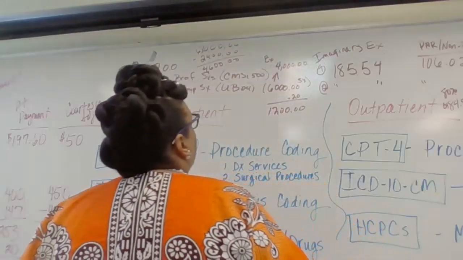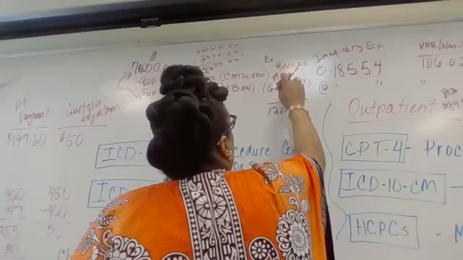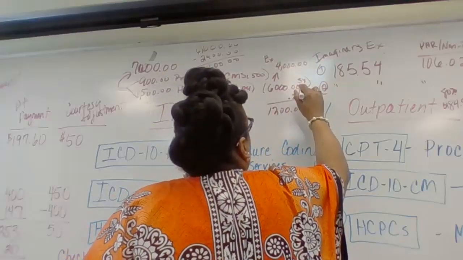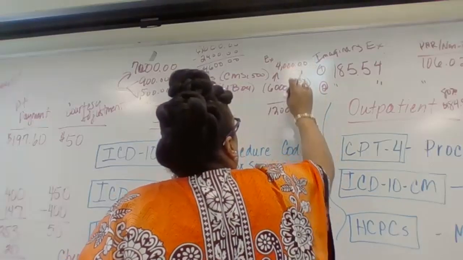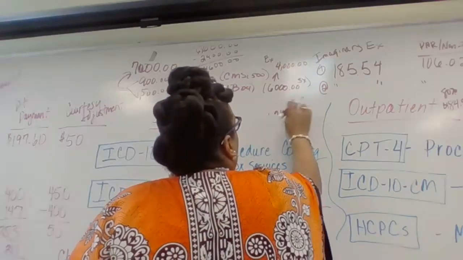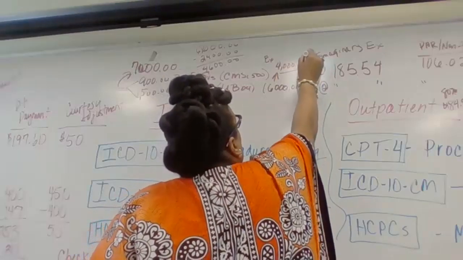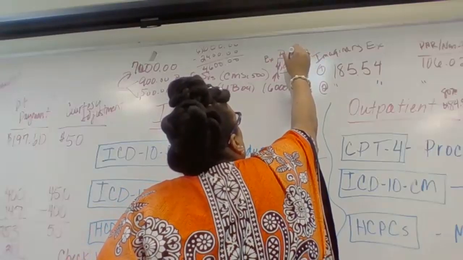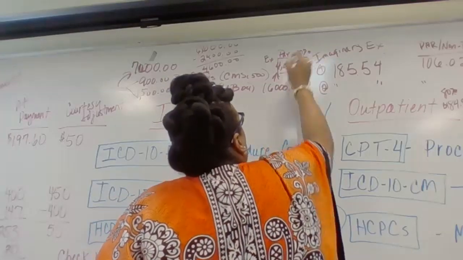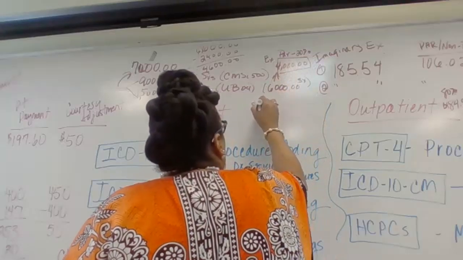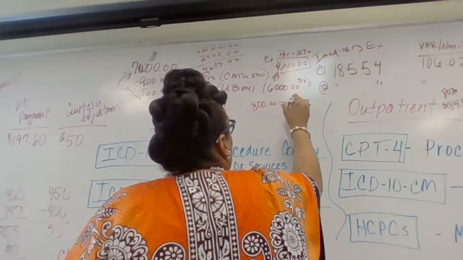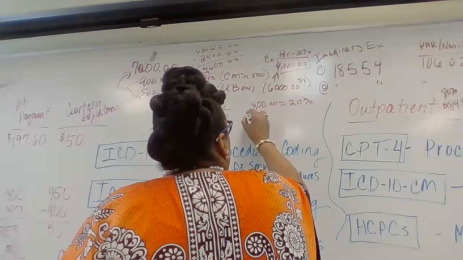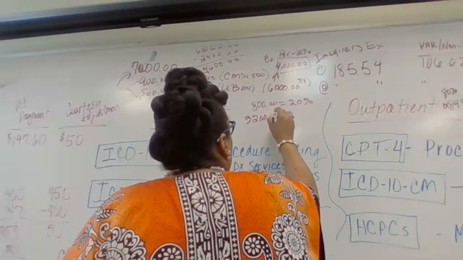So this right here, 80%. What is this? Not even that. 20% doesn't come from that. 20% comes from the contracted amount. The contracted amount, the par amount, is $4,000. What is 20% of $4,000? $800. $800 is 20%. What is 80%? $3,200 is 80%.